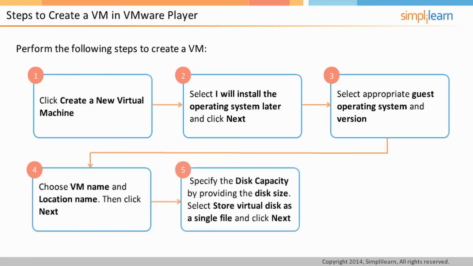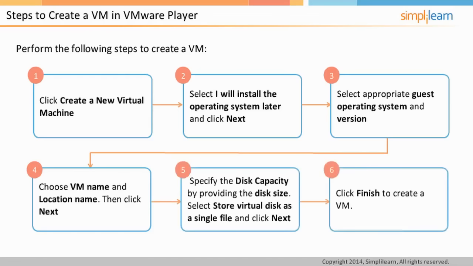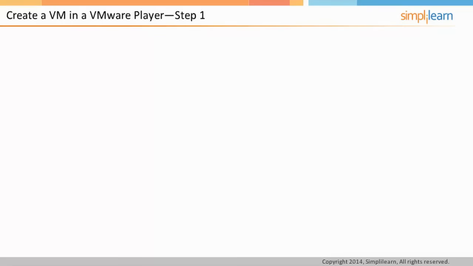Specify the disk capacity by providing the disk size. Select Store Virtual Disk as a single file and click the Next button. Once finalized, click Finish to create VM. In the subsequent screens, we will perform the steps to create a VM.